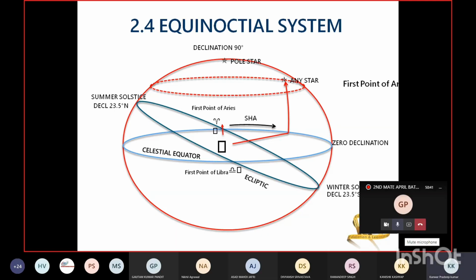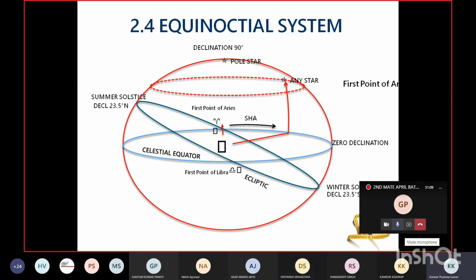This might be slightly from the different topic that we covered yesterday, but since we are at the diagram, might as well show you. The arc of the equinoctial or angle at the pole between the meridian of first point of Aries and the meridian passing through the star measured. Which direction, gentlemen? Westerly.